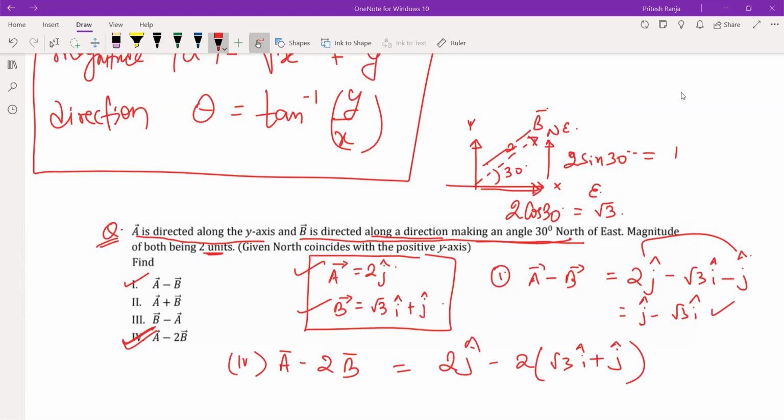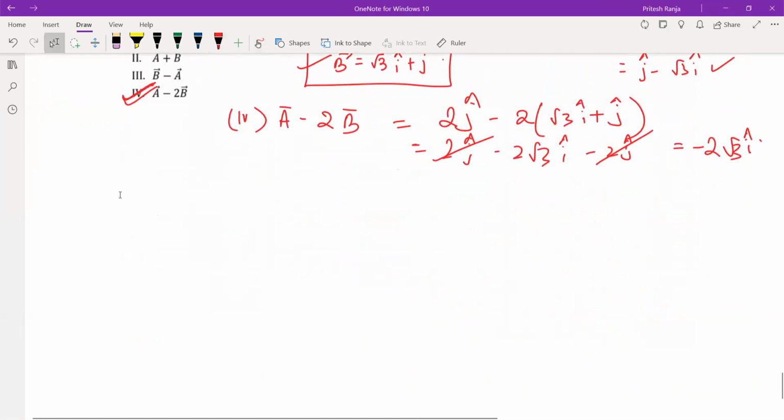So now we can simplify this. So 2j cap minus 2 root 3 i cap minus 2j cap, so this will cancel out and we are left with minus 2 root 3 i cap. Okay, so if this is understood, now let us do this one.